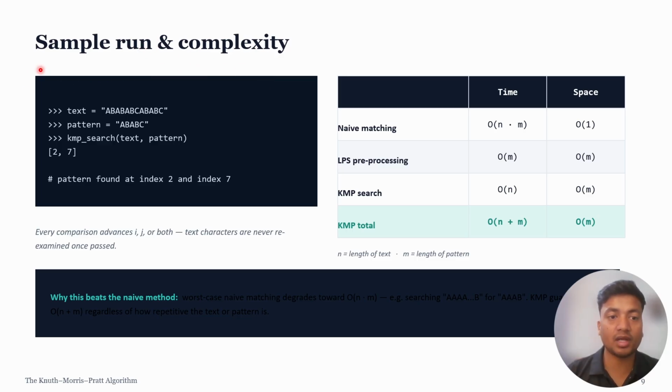In this slide we will learn about the sample run and complexity. Here we can see one example. The text is ABABABCABABC and the pattern is ABABC. The algorithm finds the pattern at index 2.